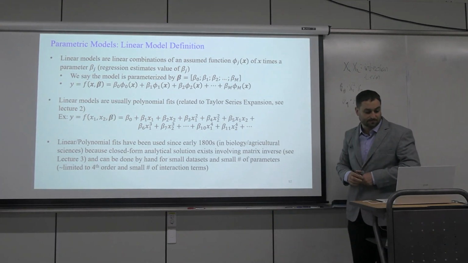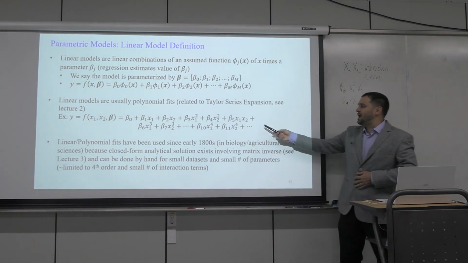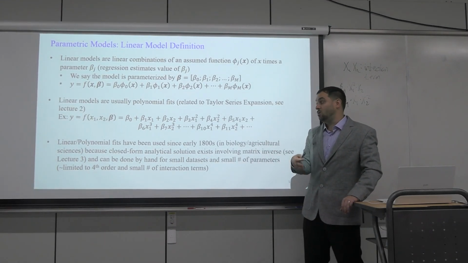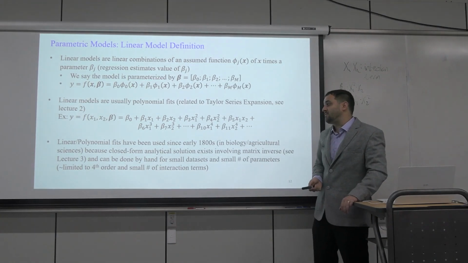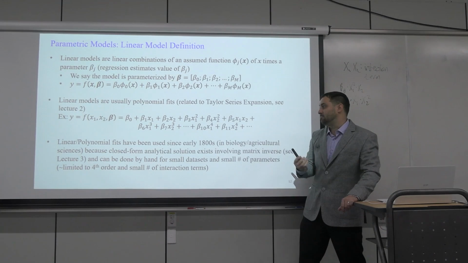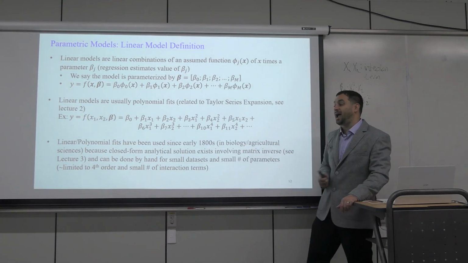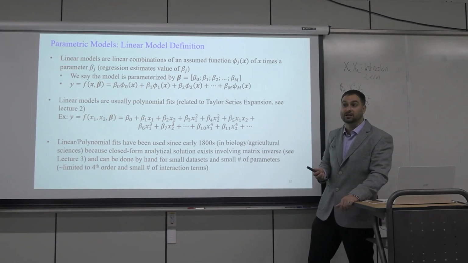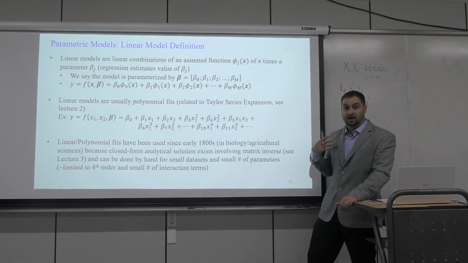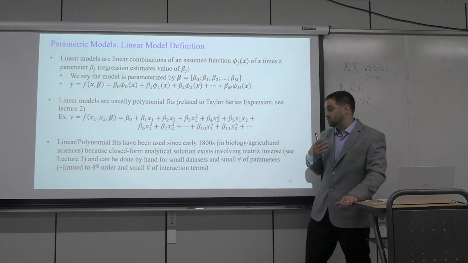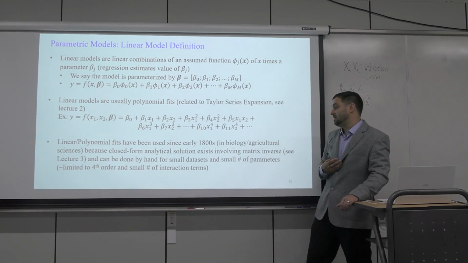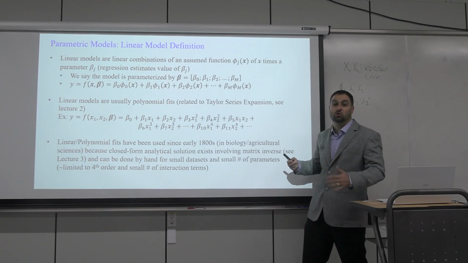The reason why I gave this example is because these linear parametric models, or these polynomial fits, have been used since the early 1800s in regression problems, and mostly started in the biology and agricultural sciences. Especially in the 1800s, there was the agricultural revolution, especially the development of fertilizers, and a lot of major improvements in agriculture in parallel with the Industrial Revolution.